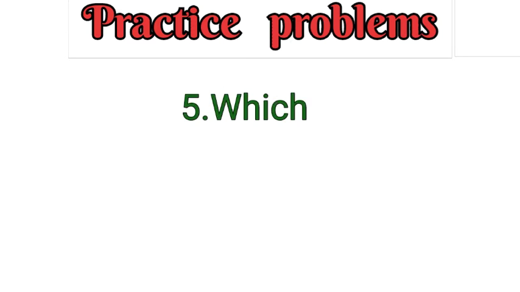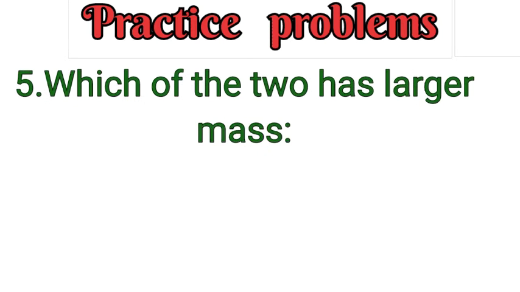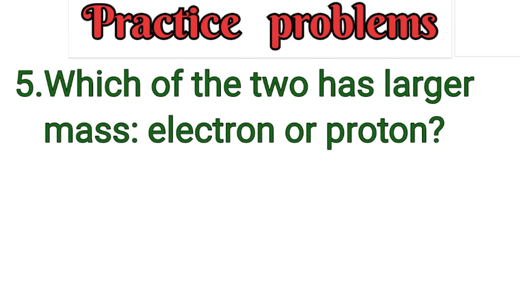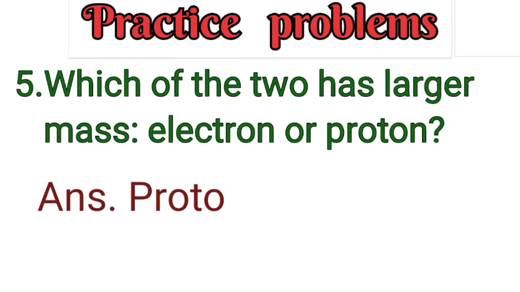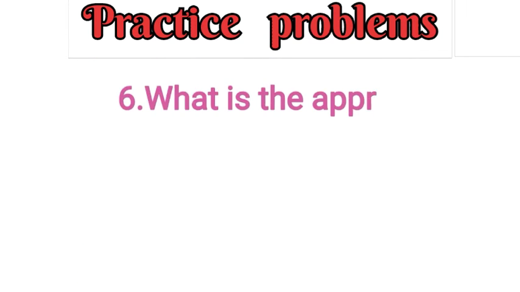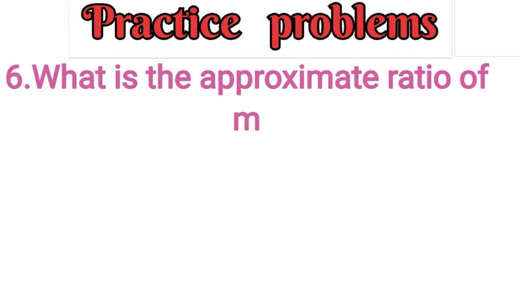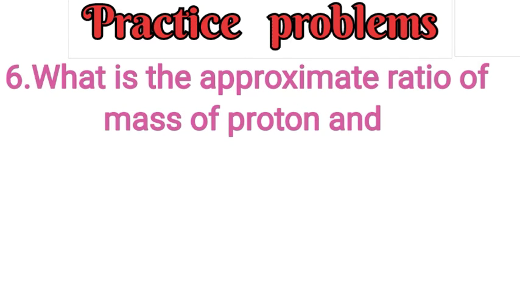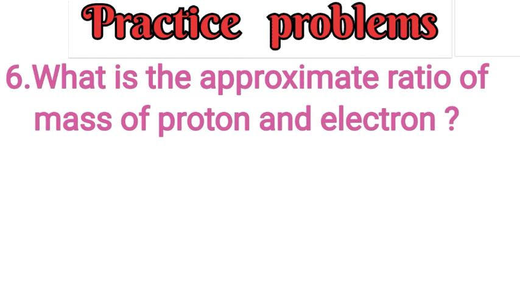Question number 5. Which of the two has larger mass, electron or proton? So this is also very easy. We know that proton has larger mass than electron, isn't it? Next, what is the approximate ratio of mass of proton and electron?